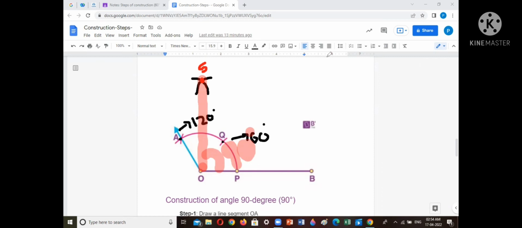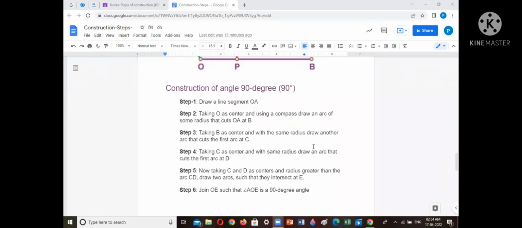That was quite easy, right? Okay, so let me read the steps for you. Step 1 is draw a line segment OA.